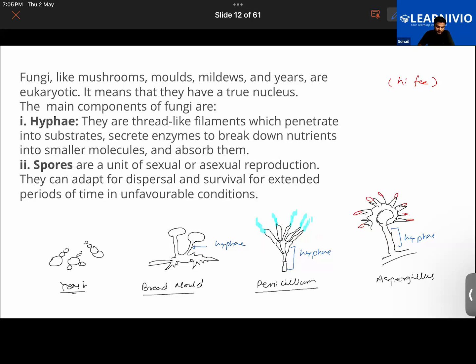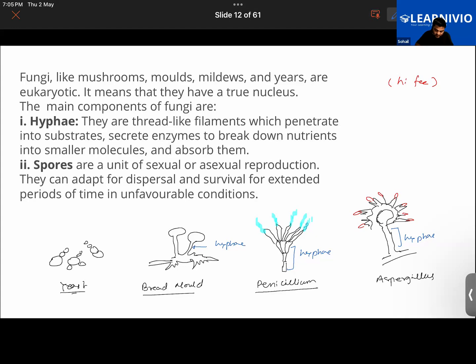Now, if you look at the head-like structure found in almost all of them except the yeast, it consists of spores. Penicillium also consists of it.